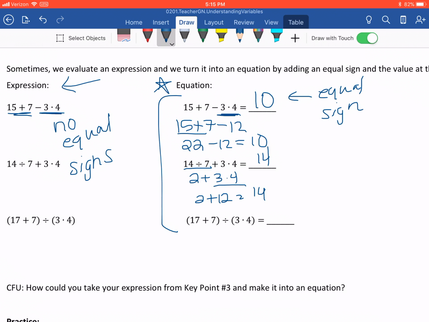And on the last one, it actually has 2 sets of parentheses. It actually doesn't matter which one you do first, but I'm going to do the one that's on the left. 17 plus 7 should give me 24, divided by parentheses 3 times 4. Next, I do the next parentheses, 24 divided by 12 leaves me with 2. So we should have gotten 2 for that one.